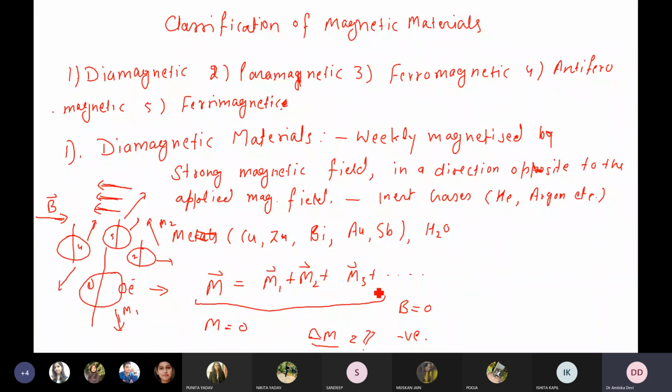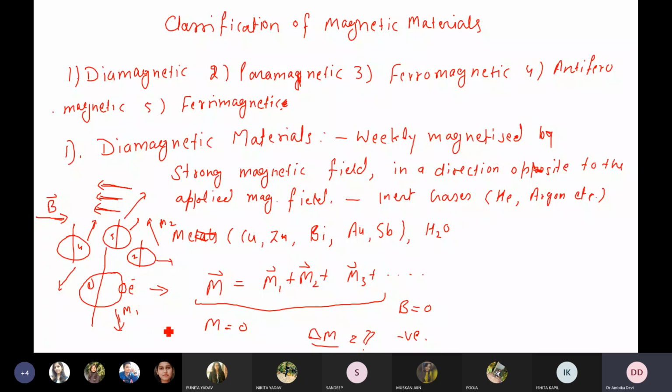In the absence of any external field, if B is equal to 0, then the net magnetic moment of the atom will be 0, because all the orbitals will be directed in random directions, and hence the magnetic moment generated by one orbit will cancel out the magnetic moment generated by the other orbit.